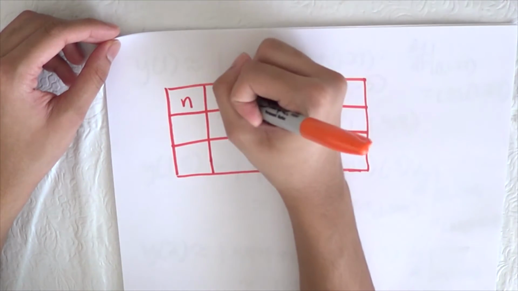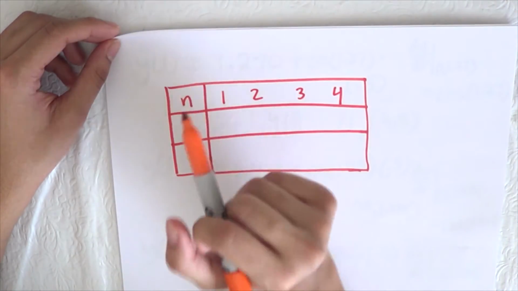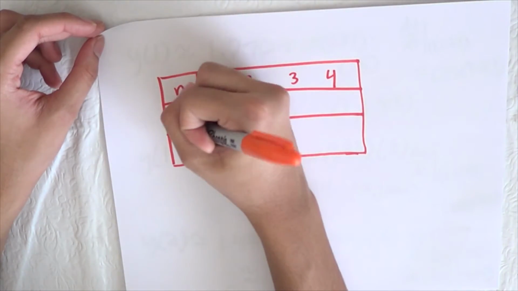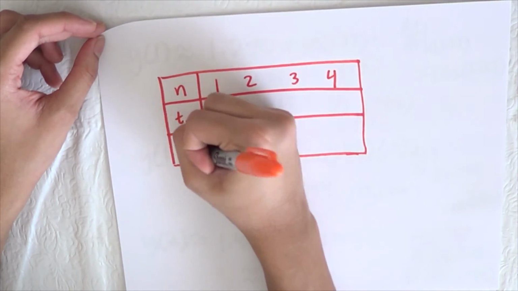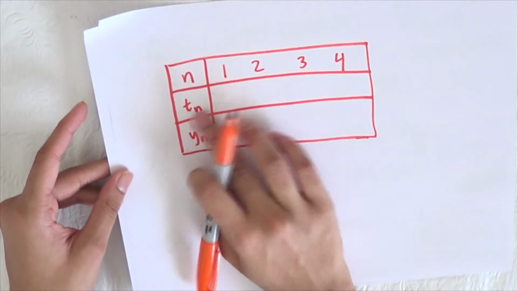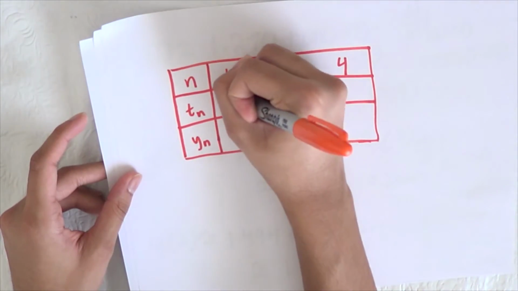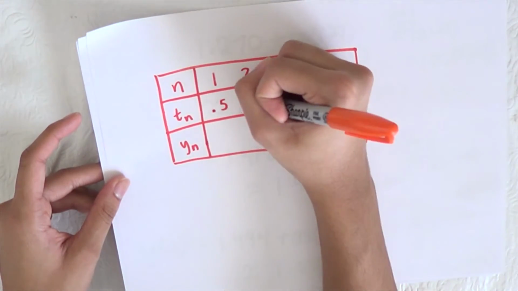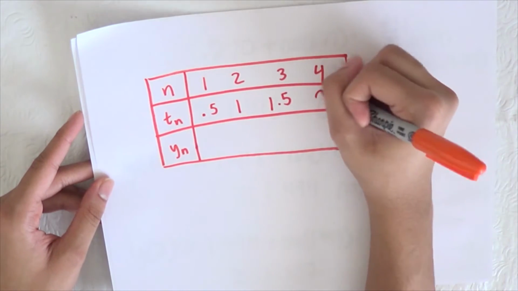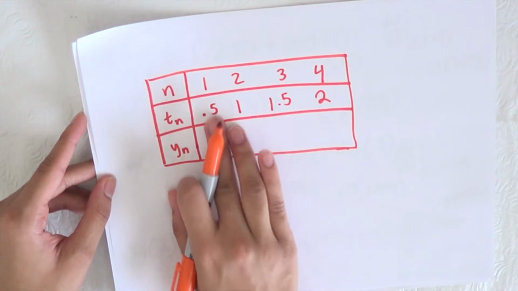We went from 0 to 2 with an interval of 0.5, which is 4 steps. So then now you just write in your t sub n and your y sub n, which correspond with the following steps. So for our first t sub n, it's 0.5, and the next one is 1, and the next one is 1.5, and the next one for 4 is 2, because each step is going up 0.5, and we start at 0.5 because it's our first.